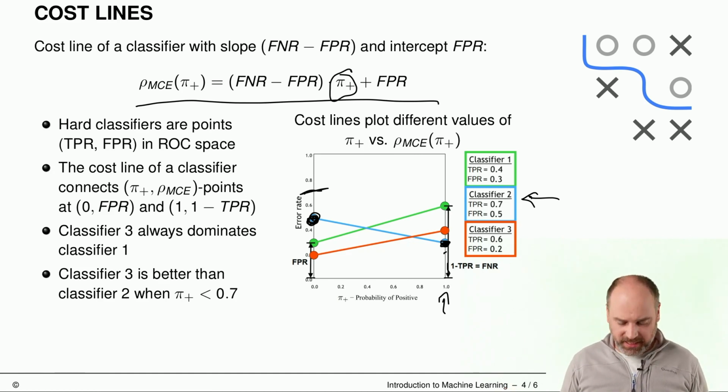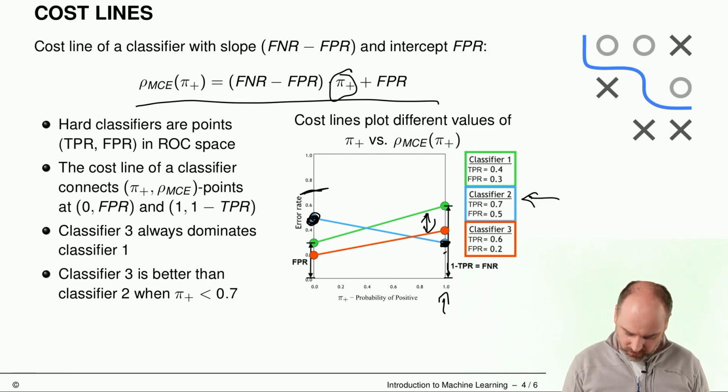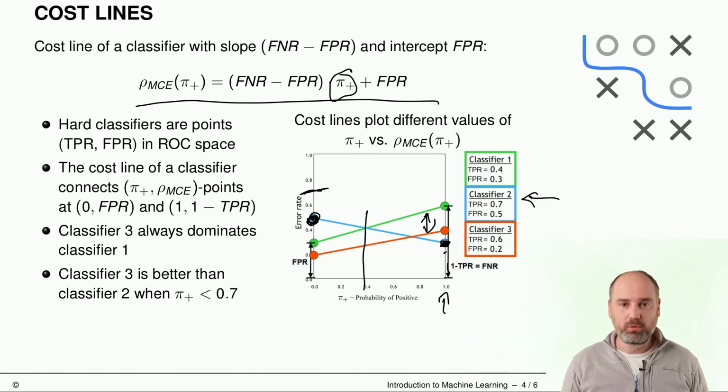Also not super complicated. We can now also say that if one line is completely above the other, then one of the classifiers completely dominates the other. In this instance, the green one completely dominates. And for the green and the blue classifiers, whose cost lines intersect, we know the range of prior probabilities where classifier blue is better.